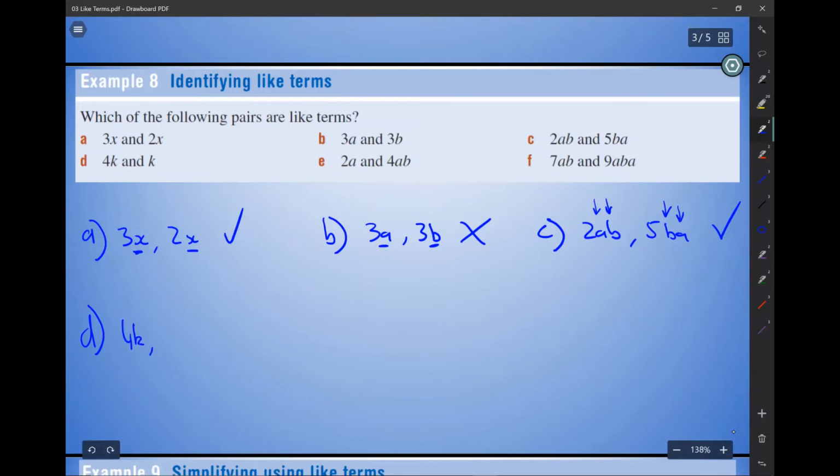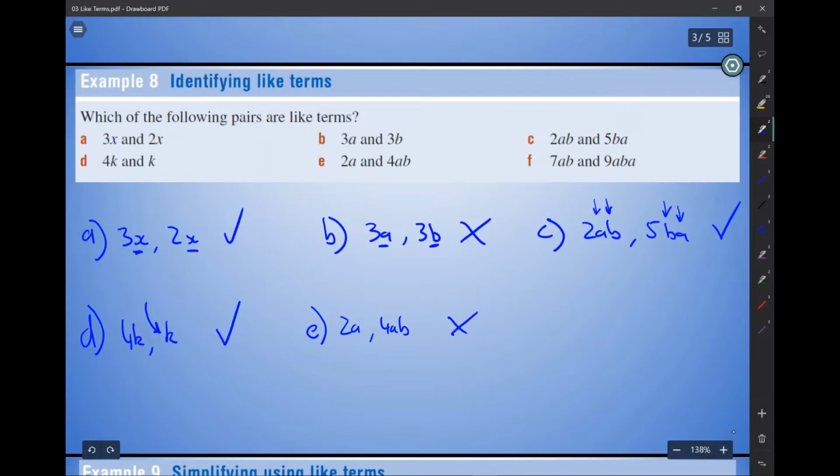Are 4k and k like terms? Yes. The number that comes in front of the letter doesn't matter when we're deciding if they're like terms or not. The only thing that matters is, is the letter the same? Part E. 2a and 4ab.